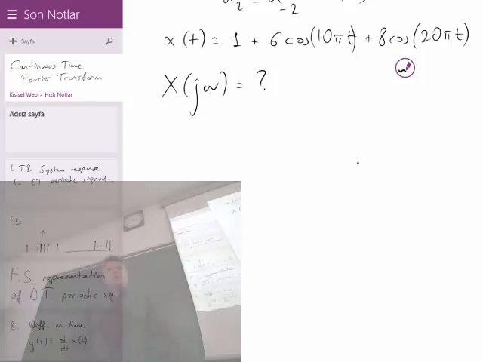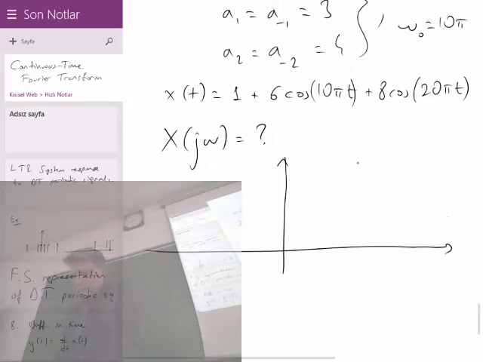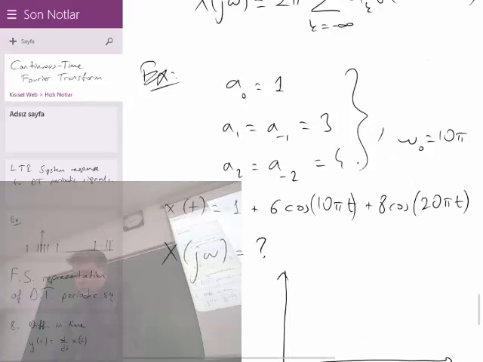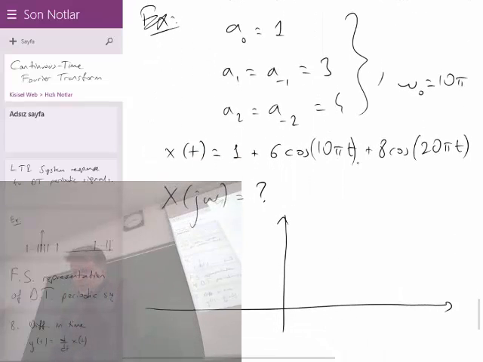And I will give the answer by just drawing it. It's like this. X of j omega is equal to 2 pi times a_k. The impulse magnitudes are 2 pi times the a_k's. For example, 2 pi times a0 at the top.